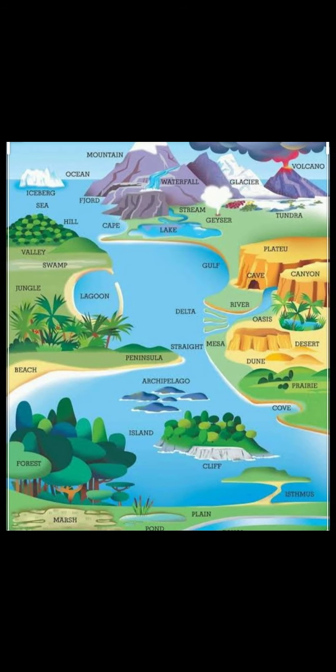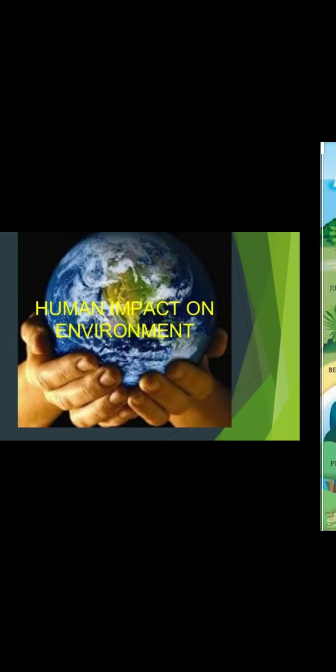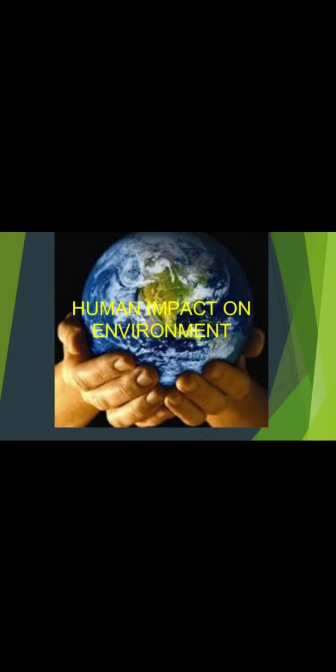Then what happens to the environment when humans do any kind of activity on the earth? We have natural systems of recycling, for example rainfall. It starts with humidity, then condensation, then precipitation, like rainfall.